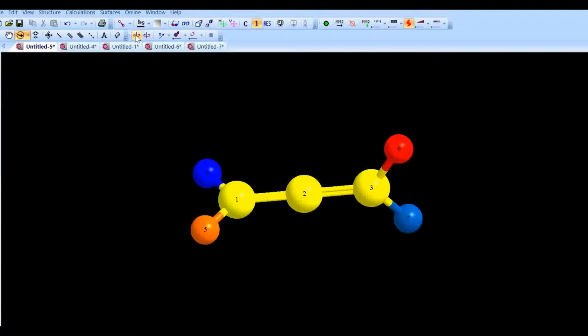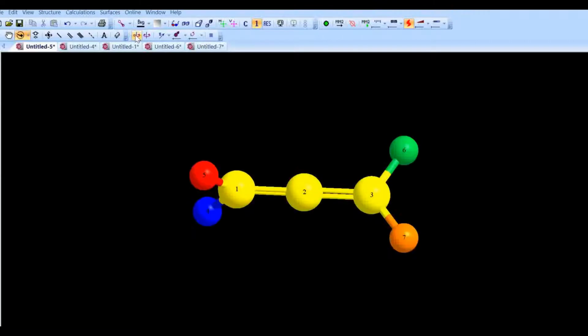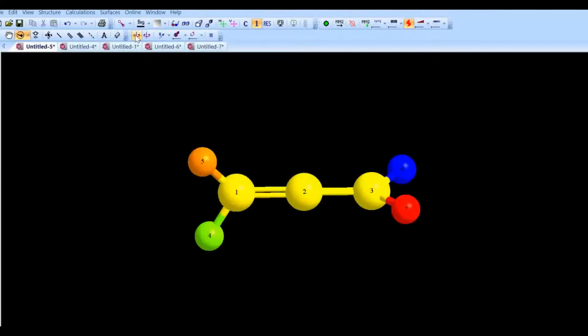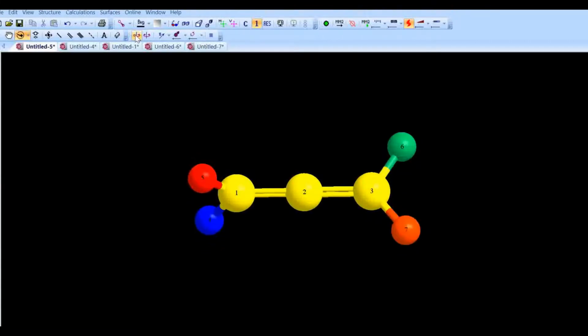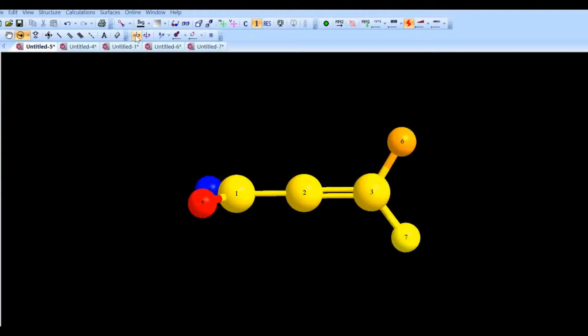Now you see what did I do actually. I will show it to you again and you will be able to understand it better. I had this situation that the atoms 6, 7 are yellow, whereas 5 and 4 are blue. So if I rotate, then the appearance at 180 degree will be different.